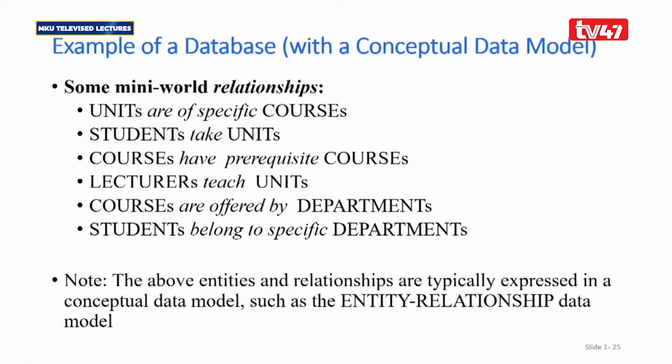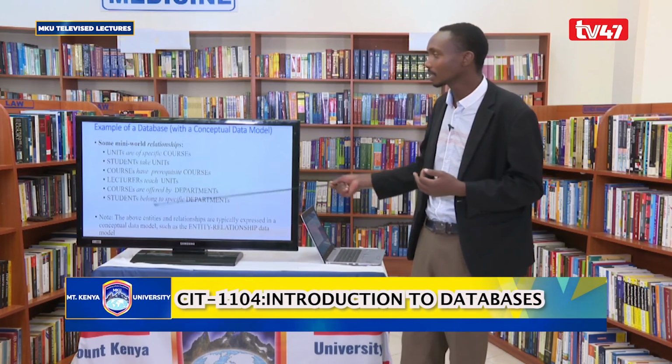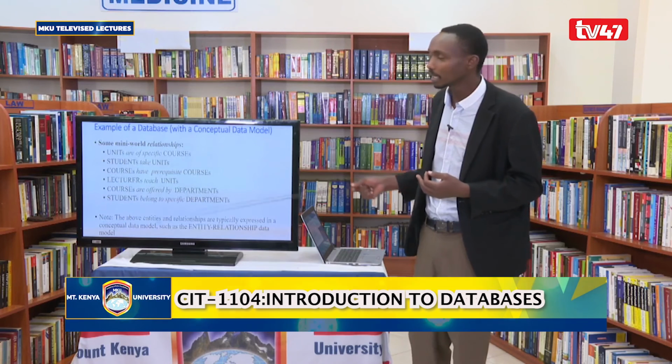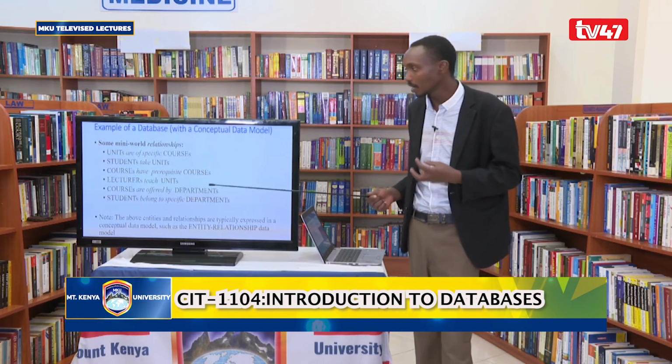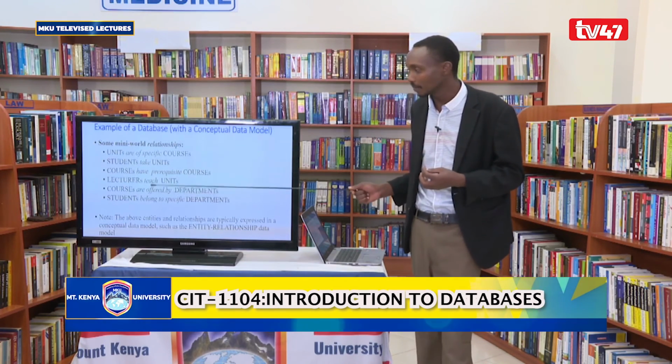Then we have instructors or lecturers teaching units. We have courses being offered by departments. We have students belonging to specific departments. We can see the whole mini world is now related. One entity is related to another.